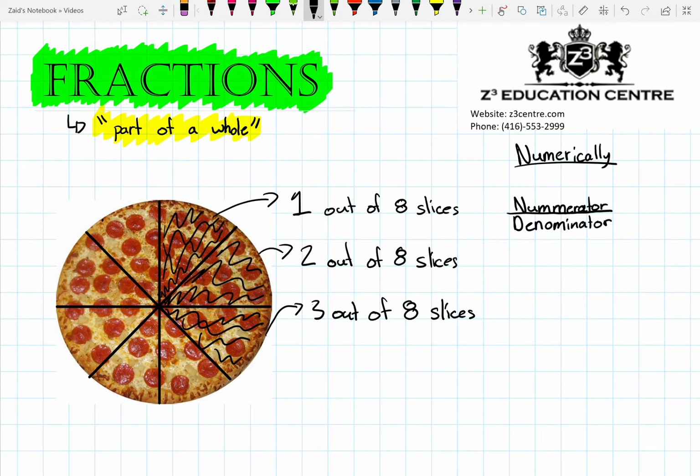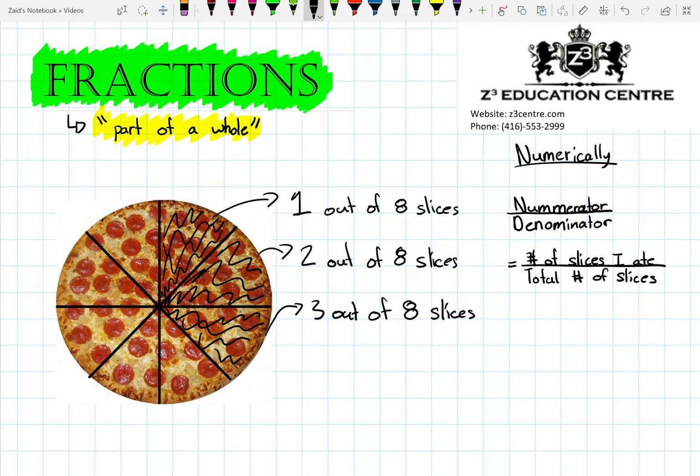In our numerator, in this scenario, it would be the number of slices I ate, and my denominator would be the total number of slices in the pizza.